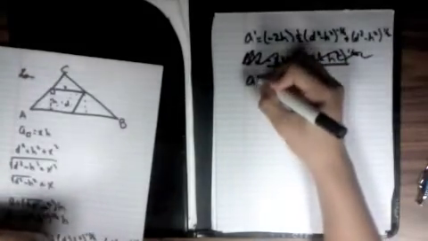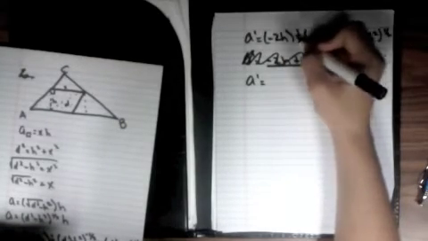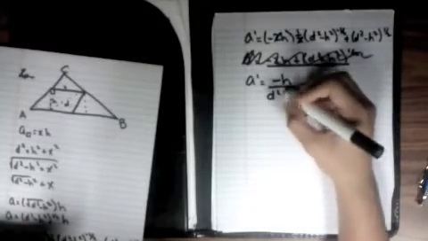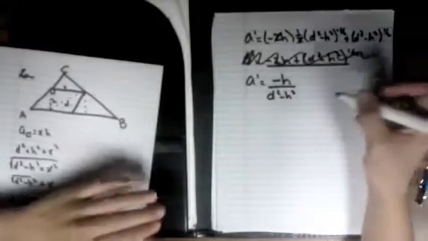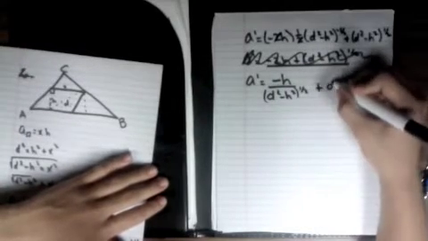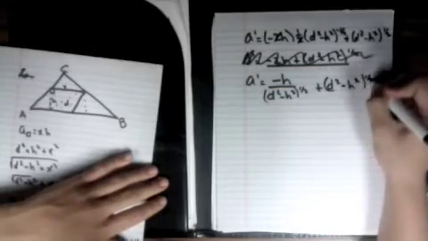It would be a prime is equal to, 2 times negative 1/2 is negative 1, so negative h over d squared minus h squared to the 1/2, plus d squared minus h squared to the 1/2.